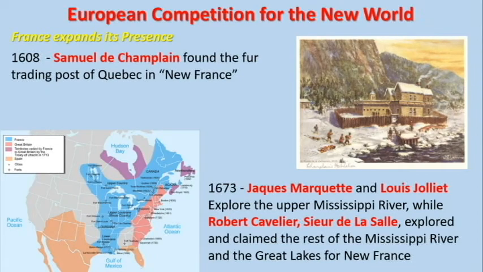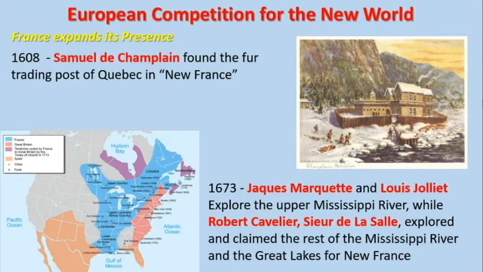Samuel de Champlain founds the fur trading posts of Quebec in New France, and Jacques Marquette and Louis Joliet explore the upper Mississippi River, while Robert Cavelier, Sieur de La Salle, also known just as La Salle, which is funny because Sieur de La Salle is his title, but he became so important and famous that he just preempted his entire name and said, "Yo, I'm La Salle, and that's how I'm going to be known."